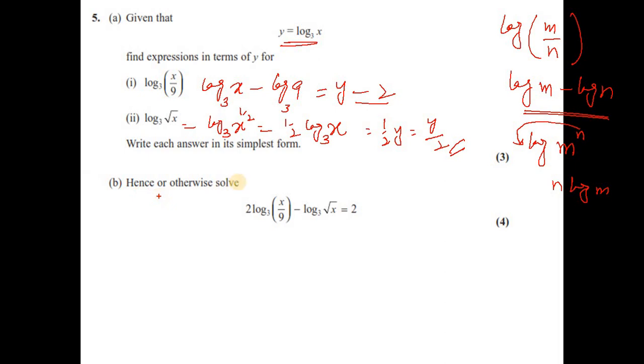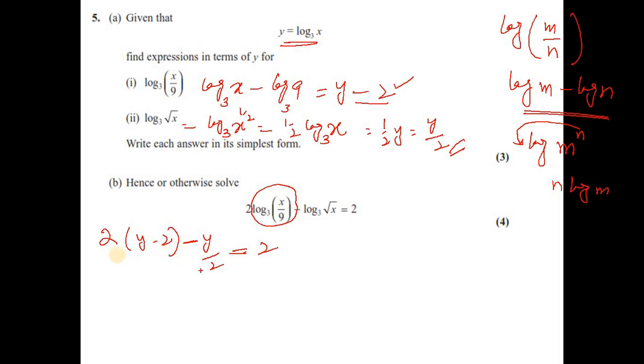Hence or otherwise solve: twice log base 3 of x over 9 minus log base 3 of root x is equal to 2. Clearly, log base 3 of x over 9, we have already shown, is y minus 2. So we can write twice of y minus 2 minus log base 3 of root x, and log base 3 of root x is y by 2, is equal to 2.